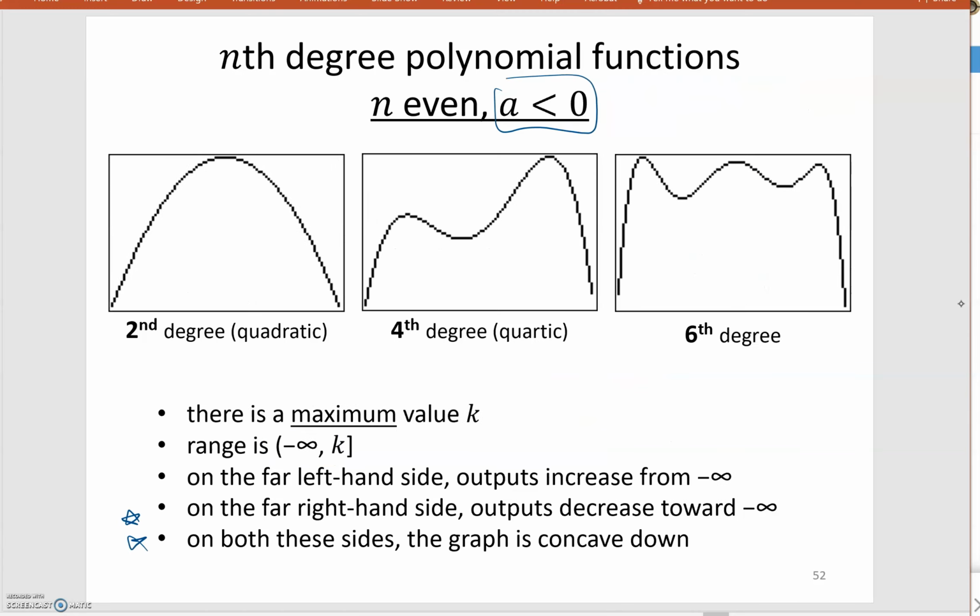Now for a negative leading coefficient, but also even degree, we have a top for these. They all have tops, and then they go down from there. So the range is going to be negative infinity up to k, where k is the maximum value. And as far as the overall behavior, these are overall concave down.